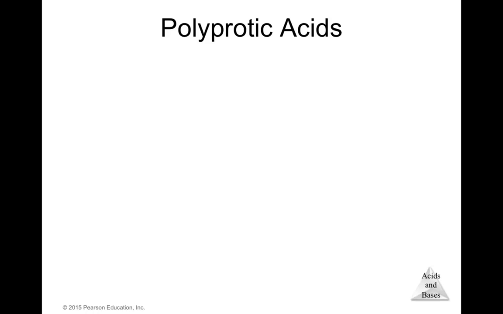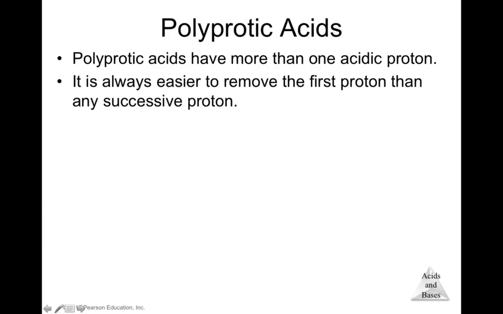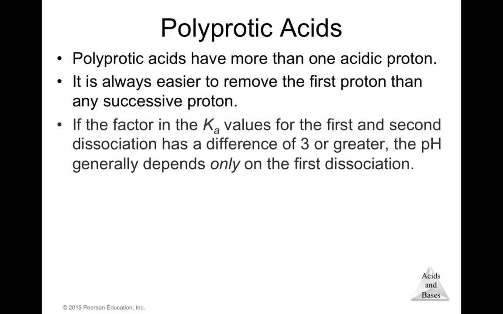And to finish this module, we're going to talk about the polyprotic acids. Polyprotic acids have more than one acidic proton. Poly comes from two or more, and protic from proton. So we have more than one acidic proton in that compound. It is always easier to remove the first proton than any successive proton. So the first is going to be easier than the next hydrogen of the polyprotic acid.